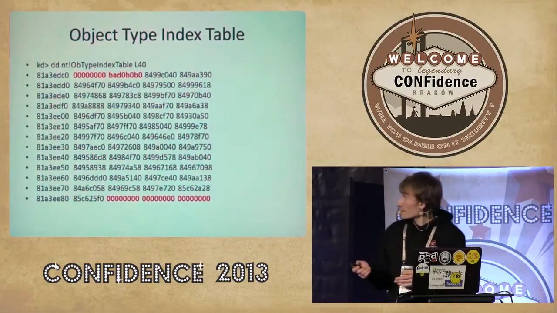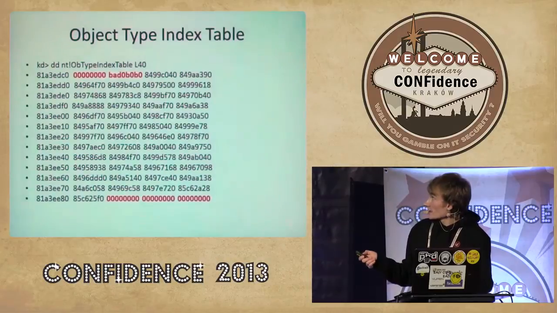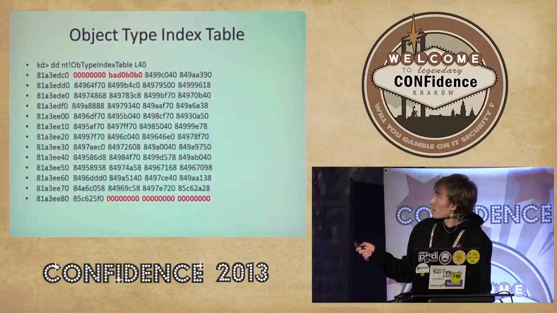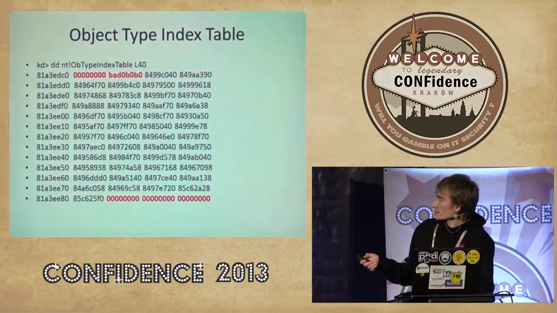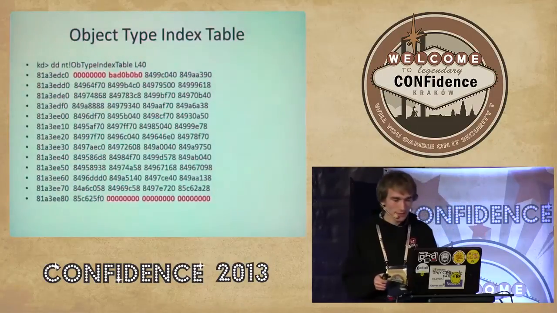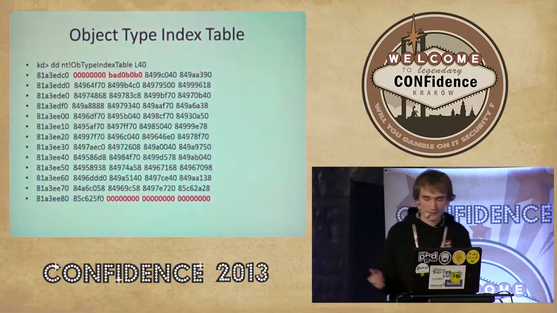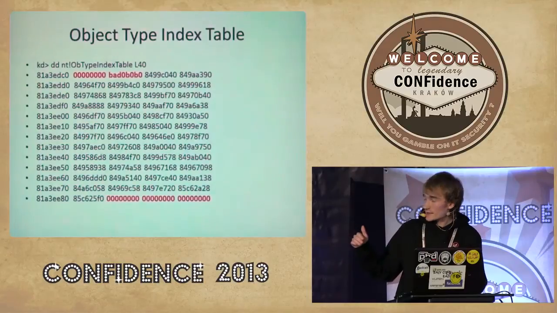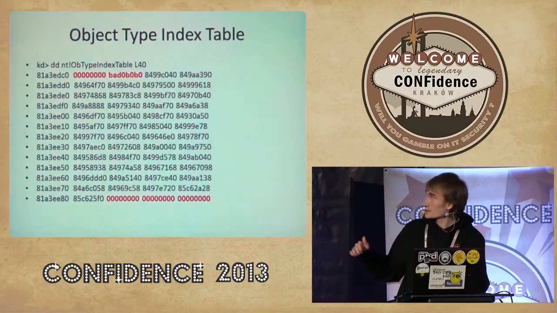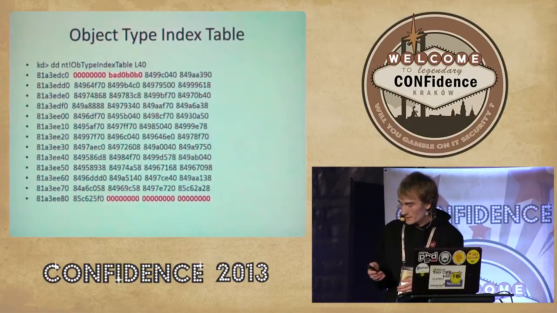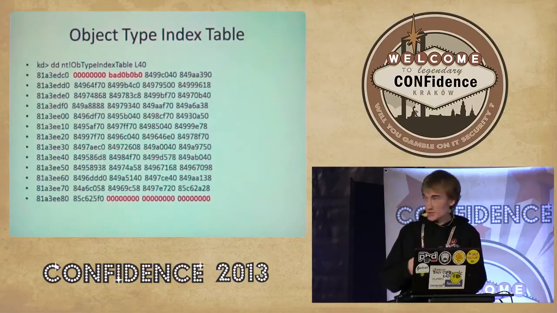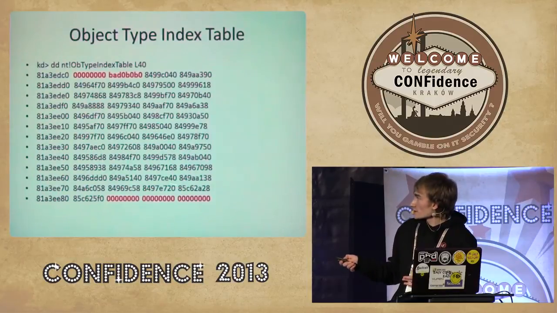If you take a look at this array, it starts, as I said, from the third. And because the type index is a byte, there are 256 elements, but there are not a lot of object types, so it is initialized with zeros.